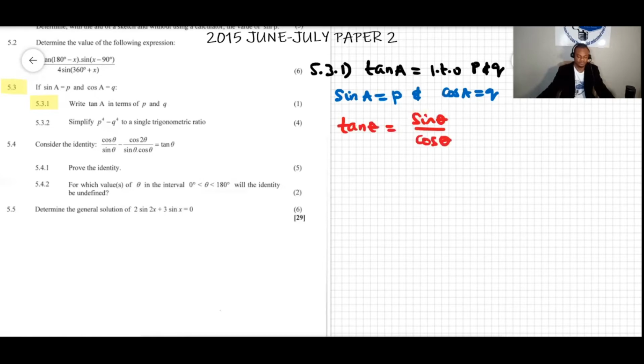Therefore, tan A will be sine A over cos A. This means that tan A will be, sine is P and cos is Q, so this will be equal to P over Q.